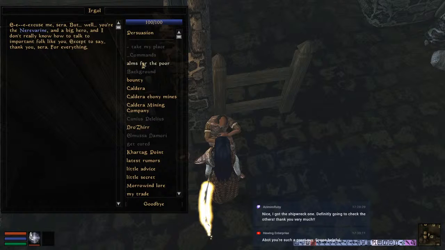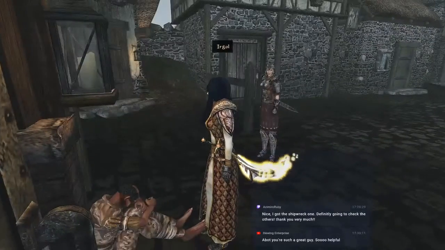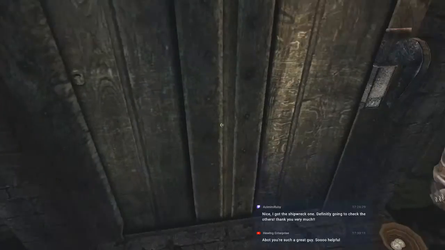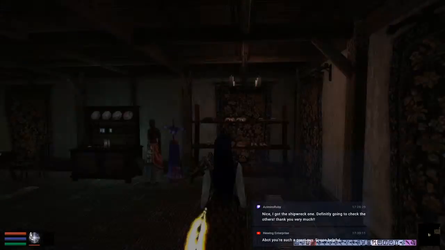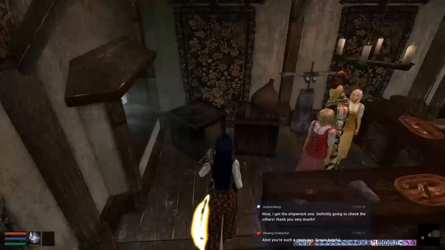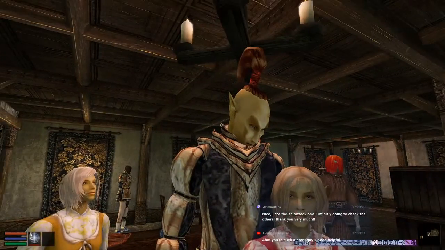So you can now give alms for the poor like the Skyrim beggars, and may each day get some nice magic effect if you are not reflecting it, but you know, pros and cons of magic.